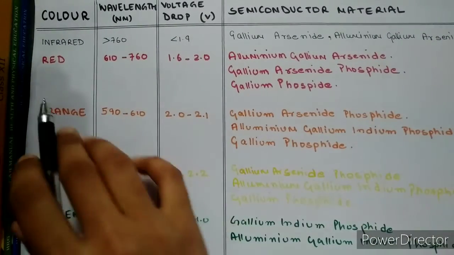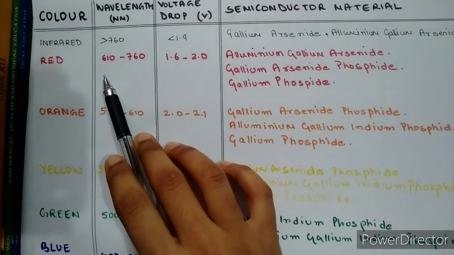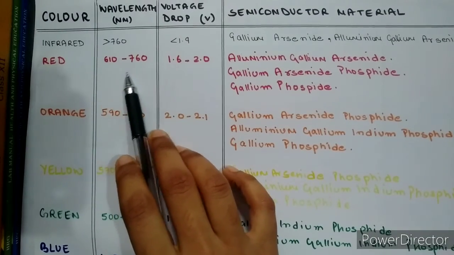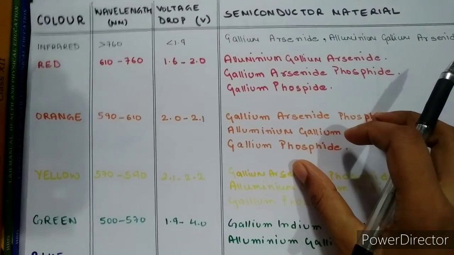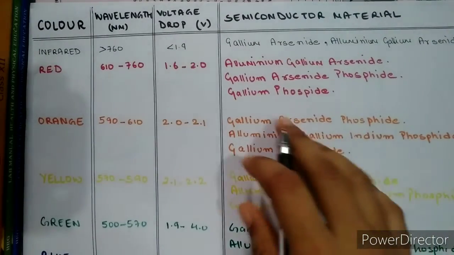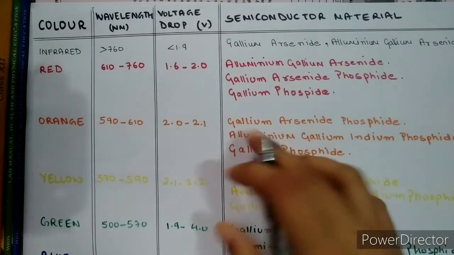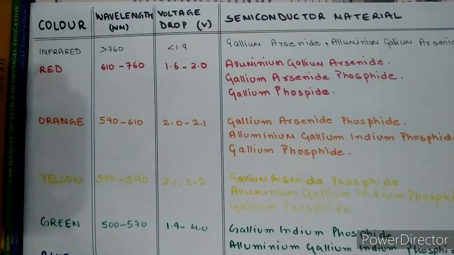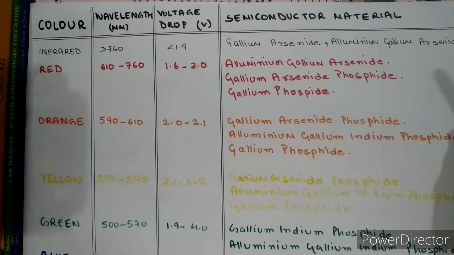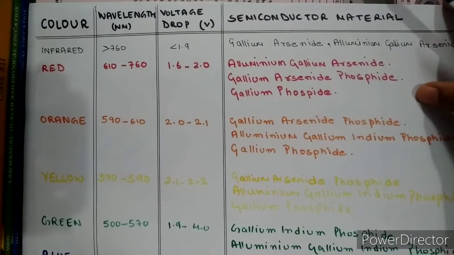Similarly for red, the wavelength should be from 610 to 760 nanometer and the voltage drop is 1.6 to 2.0. Aluminium gallium arsenide phosphide and gallium phosphide are the semiconductor materials used.